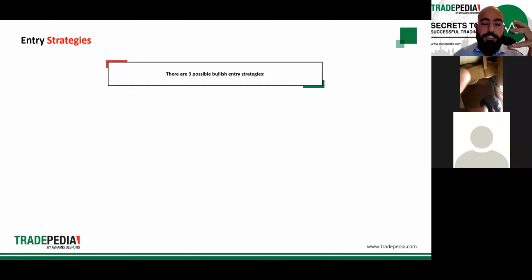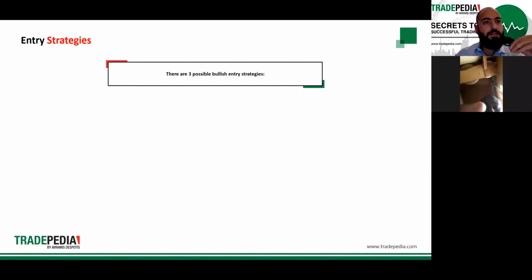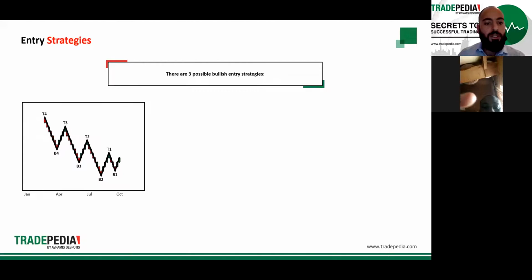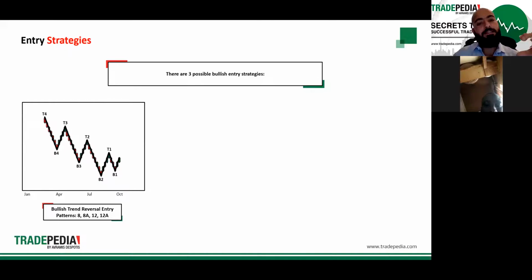So the first entry signal that this indicator will spot is called the trend reversal entry. The trend reversal entry highlights the beginning of a new trend, the reversal from a downtrend to a new uptrend. All right? So the first entry strategy is called the trend reversal entry.